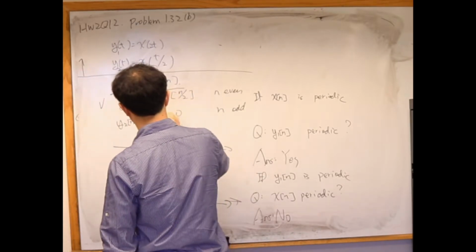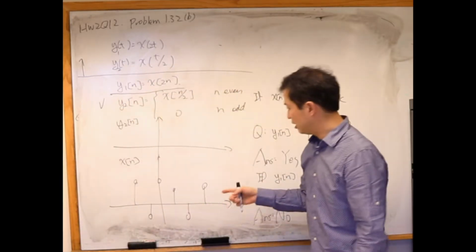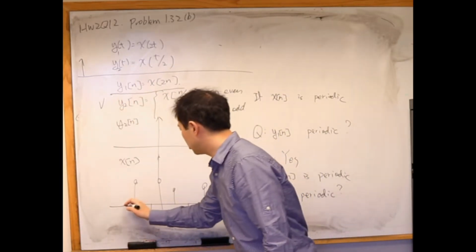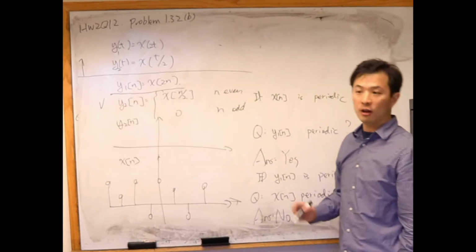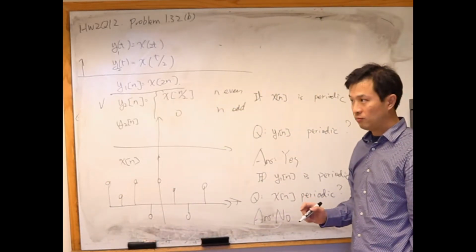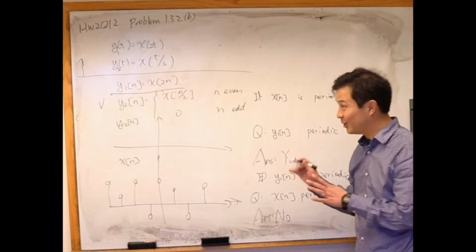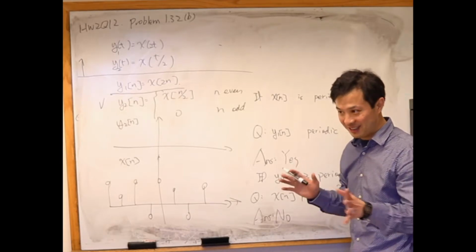Is the question clear to everybody? This is some arbitrarily given x. How do you find y2[n]?